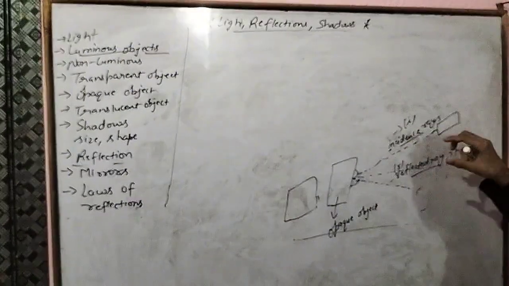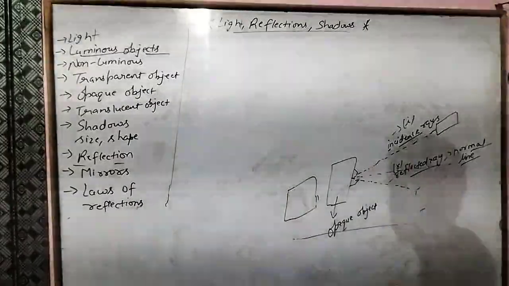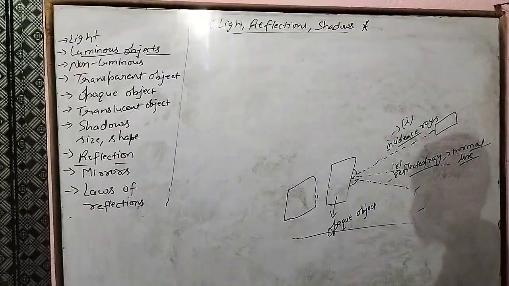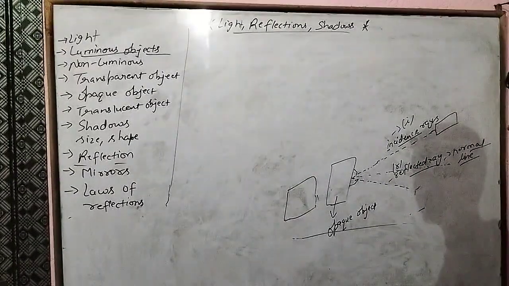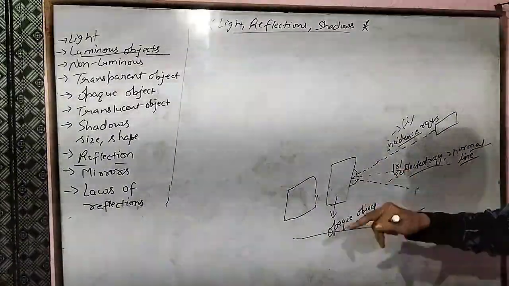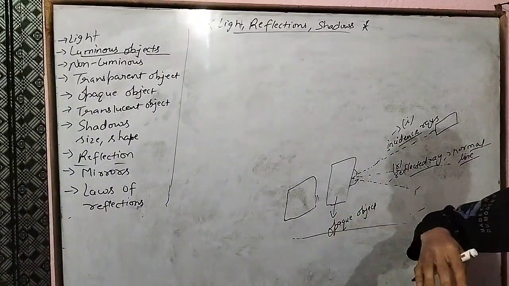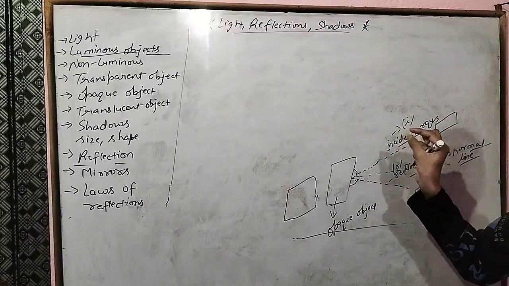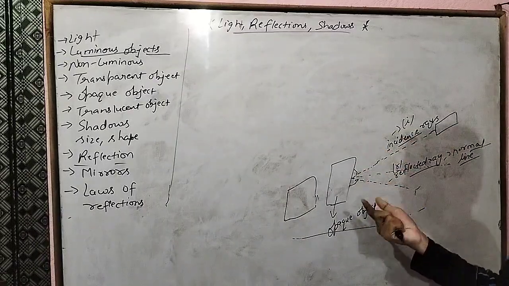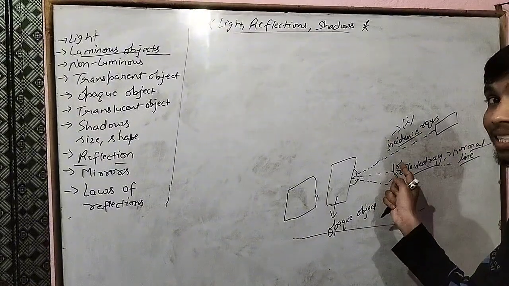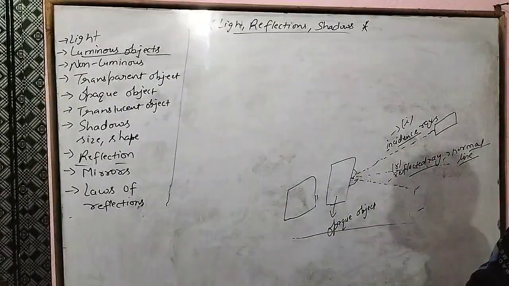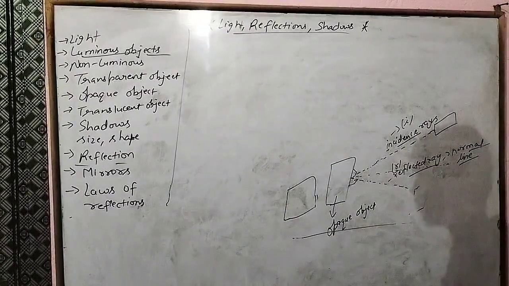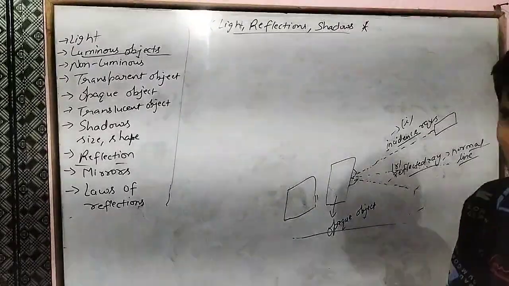So here the angle of the incidence ray would be equal to the angle of the reflected ray. How? Because it is falling on a plane surface. That's why the incidence angle is equal to the reflected angle, because this incidence ray is falling on a plane surface, smoothly.